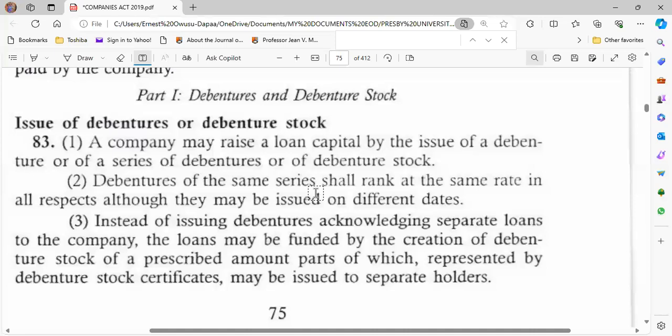We need probably 100 of that, okay? So 10,000 times 100, that will give you how much? Is that about 1 million? So you have debenture series amounting to 1 million Ghana cedis, but it is 10,000 Ghana cedis each.